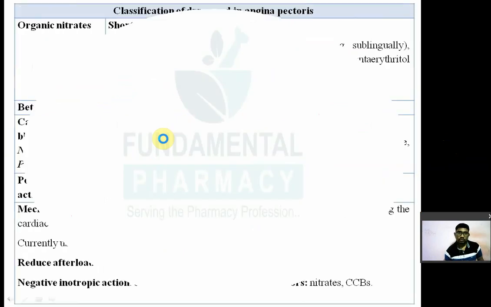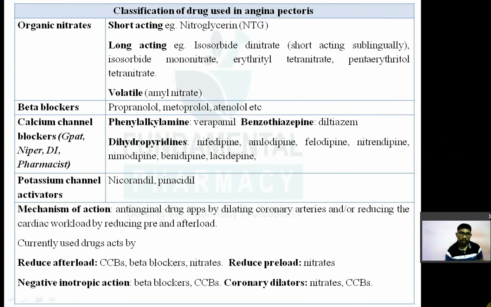So now we'll see the classification again. First is the organic nitrates. In that you have different classes: short acting, long acting, and volatile. Which one is short acting? Nitroglycerin. Which ones are longer acting? Isosorbide dinitrate, isosorbide mononitrate, erythritol tetranitrate, pentaerythritol tetranitrate.